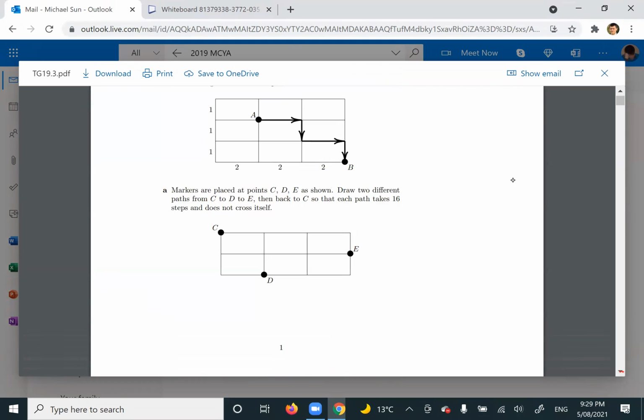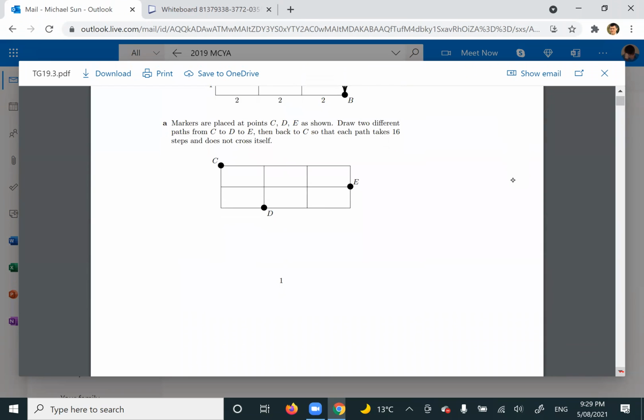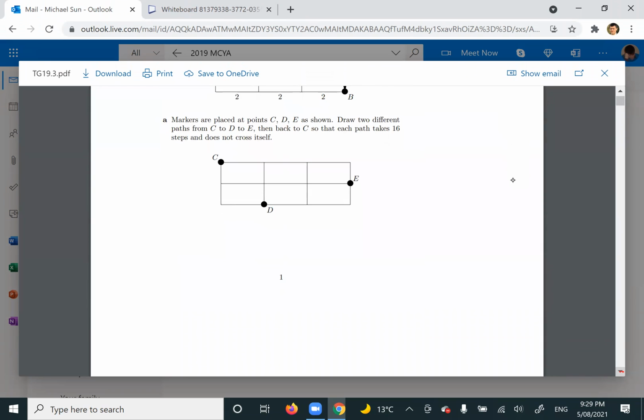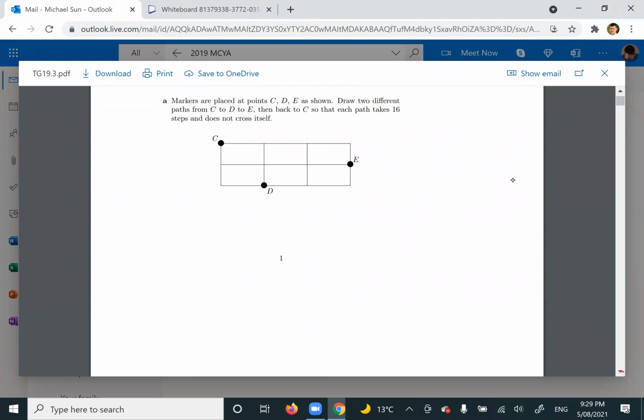Can you read it? Markers are placed at points C, D, E as shown. Draw two different paths from C to D to E, then back to C, so each path takes 16 steps and does not cross itself.